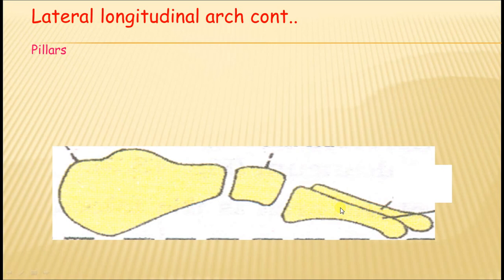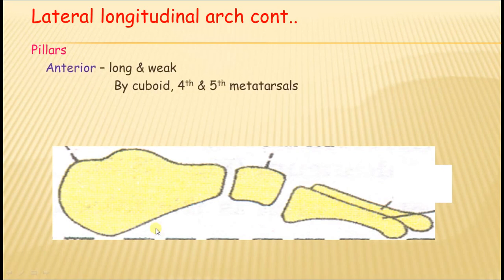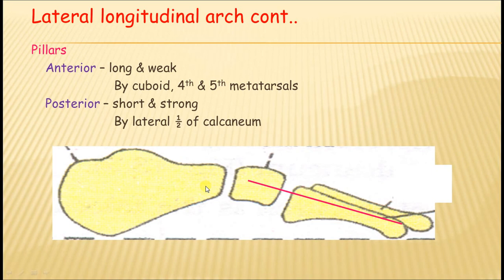So 4th and 5th metatarsal and the medial tubercle of the calcaneum. Again anteriorly it is long and weak. Posteriorly it is actually stronger by the medial half, not by the lateral half. Sorry for the mistake there.